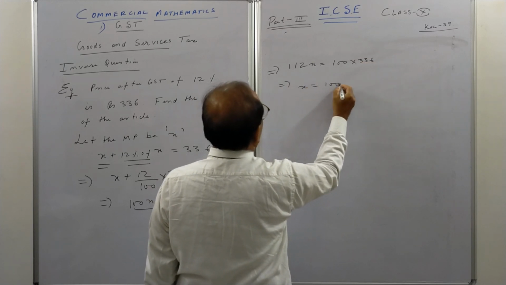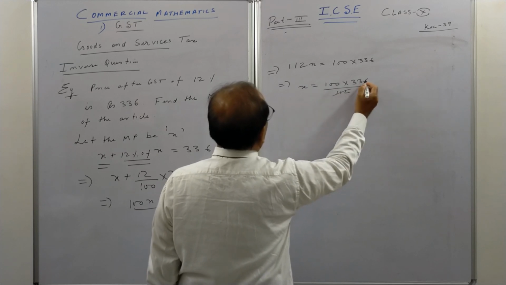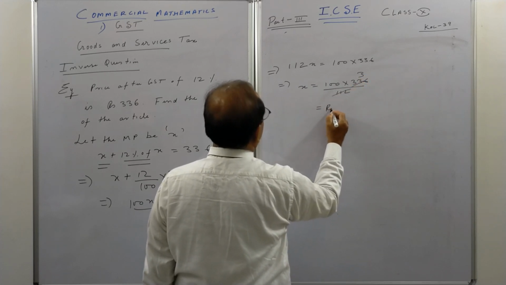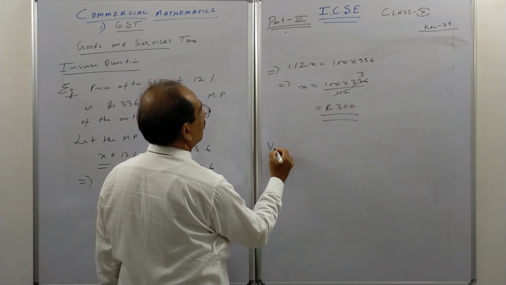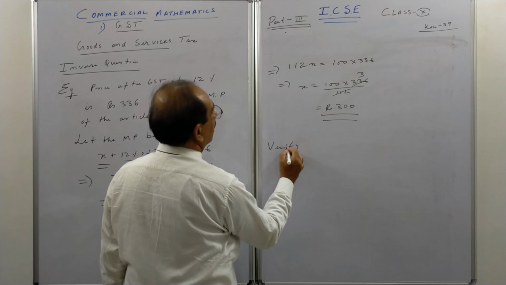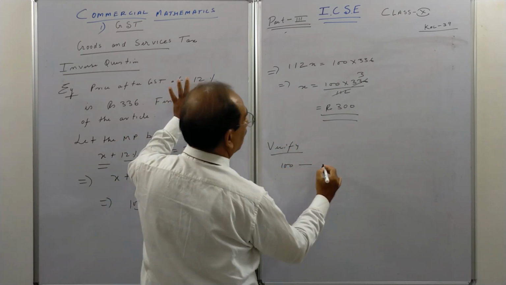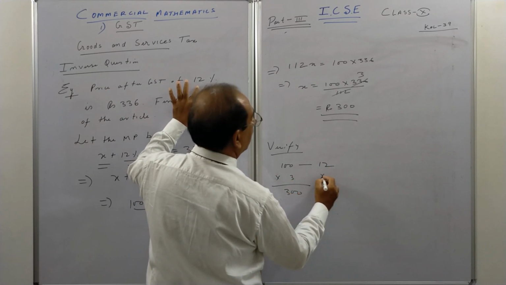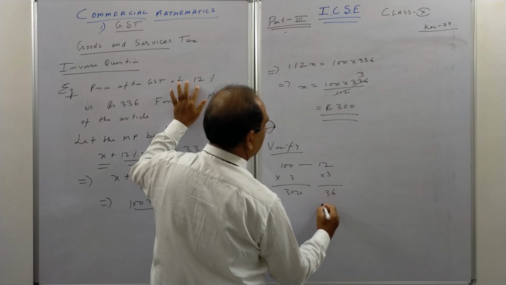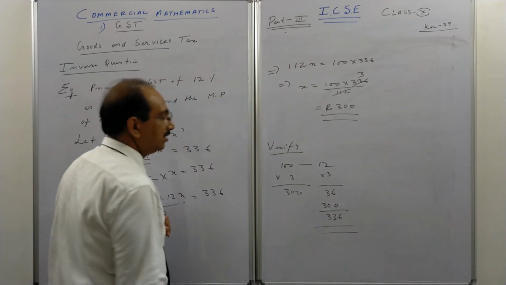X is 100 into 336 by 112. So the base price is, children, 300. If you verify, on 100 rupees the tax is 12 rupees. So for 300, tax will be 36, and the total price we say is 336.